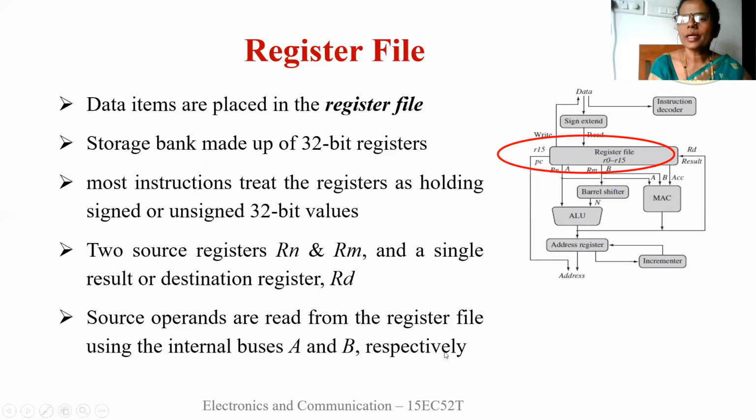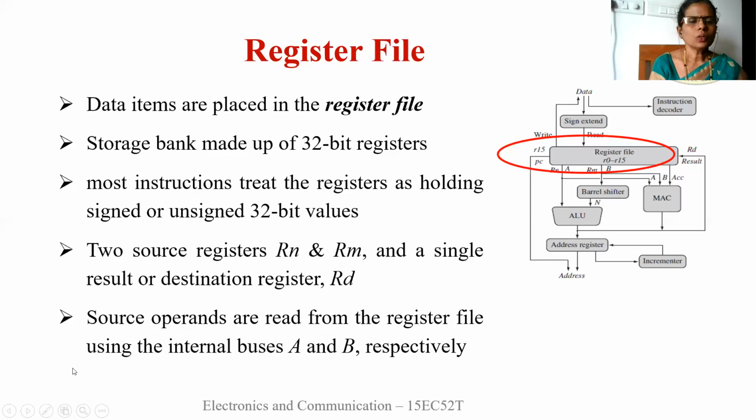So what you are looking at here is a register file containing 16 registers. Remember, the size of the register is 32-bit. It acts as a storage bank because it stores the data. It holds a 32-bit signed number or unsigned number.